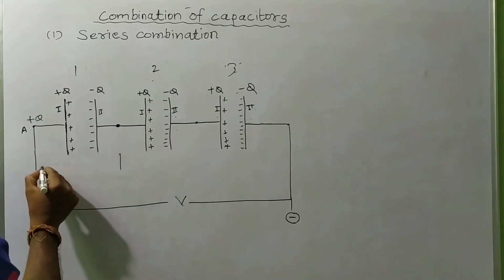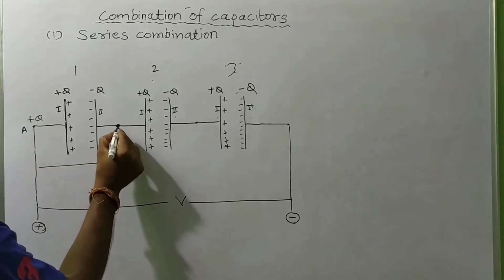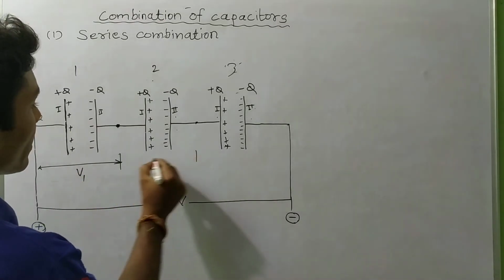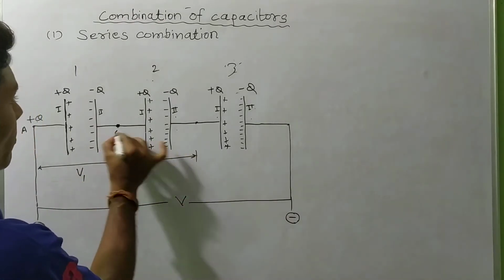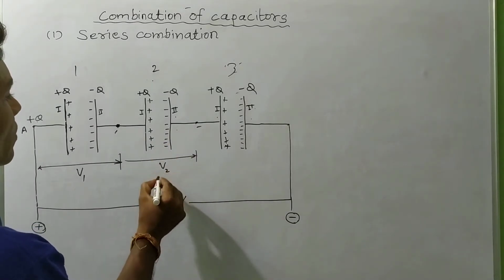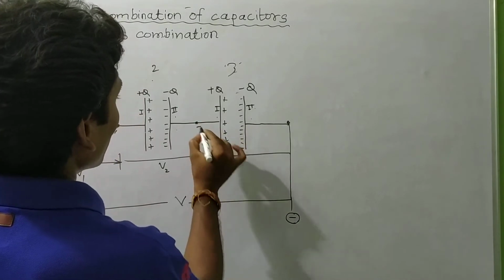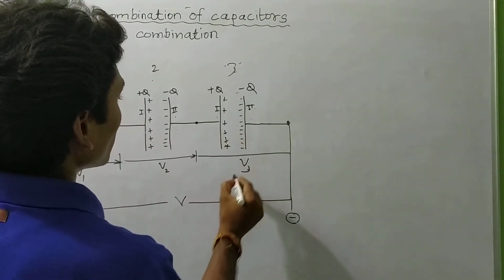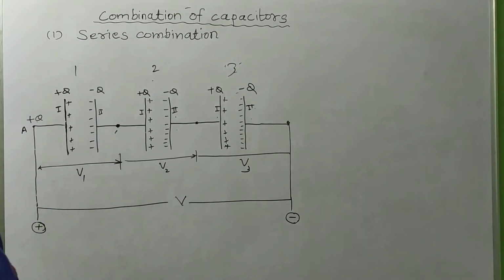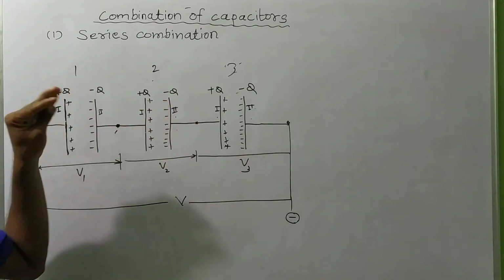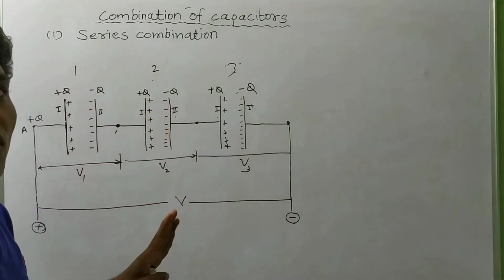So the potential difference between this point and this will be V1, the potential difference between this point and this will be V2, and the potential difference between this point and this will be V3. So the potential will be different for each capacitor, but the charge does not change and the charge goes in the same amount.